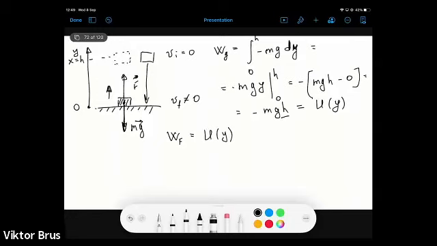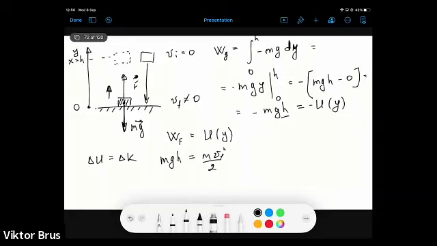Okay. So now we can convert potential energy into kinetic. So we can write that delta U is equal to delta K. And we know that potential energy will be, yeah, here should be minus, mgh, and kinetic energy we know from previous slides, mv squared divided by 2.